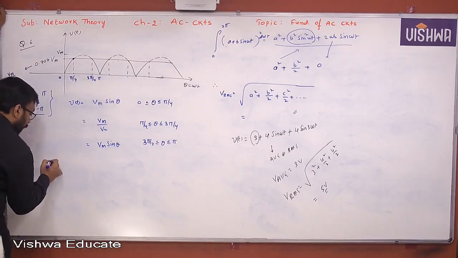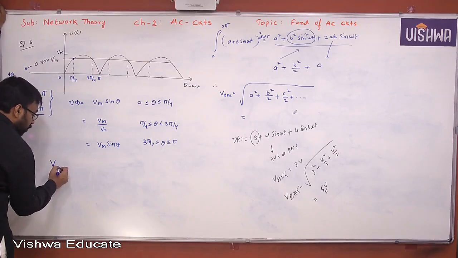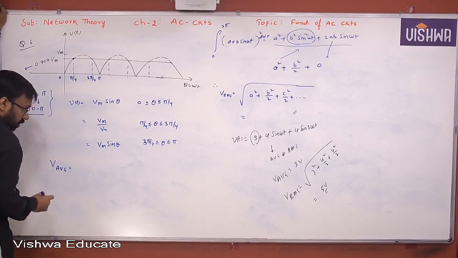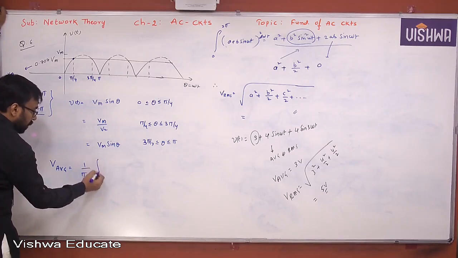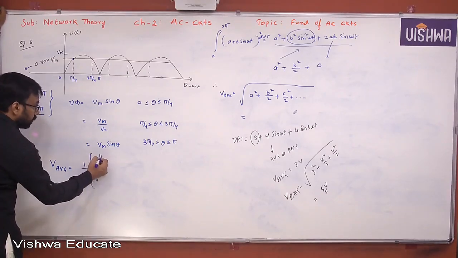Now V average is nothing but 1 by pi, integral 0 to pi. What is this?